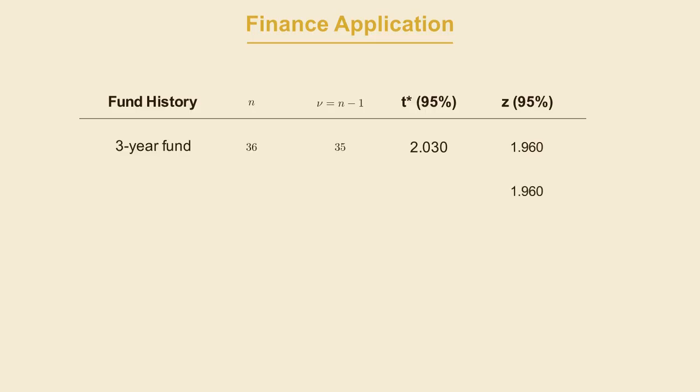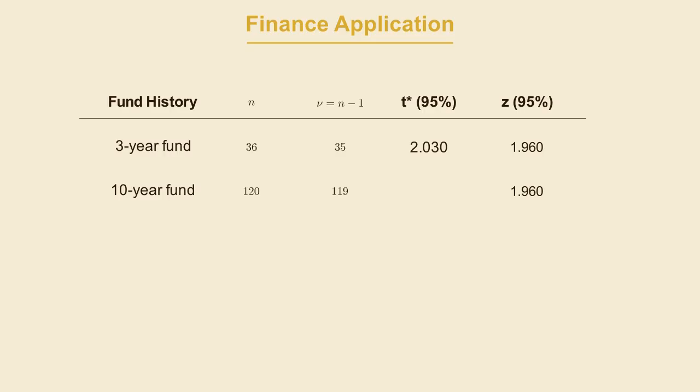The standard normal's equivalent is going to be 1.960. Those are close, but not exactly the same with only 36 months of data. The reason being that the extra uncertainty from estimating S rather than knowing sigma, the true underlying standard deviation, pushes that threshold up.